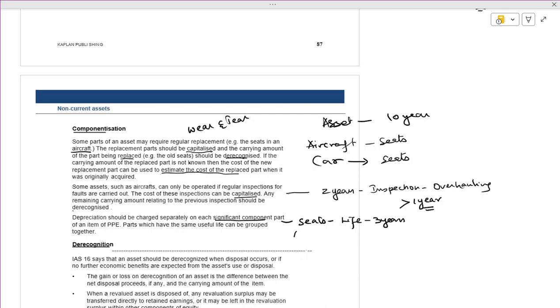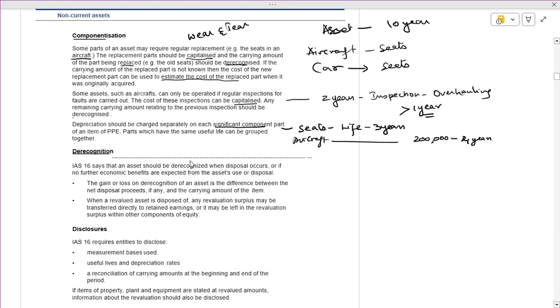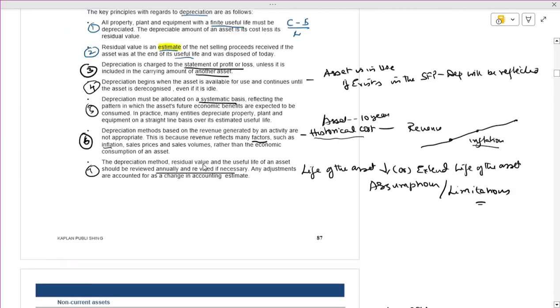The aircraft will have a life measured in miles, how many miles it is going to fly. Assume the aircraft has a life of 200 miles, and definitely assume it is going to be 4 years. You should make a very distinct differentiation between the depreciation of the aircraft and the depreciation required for a specific component.